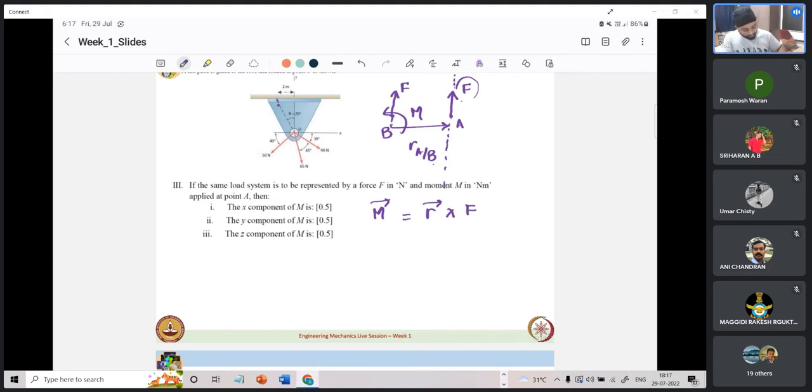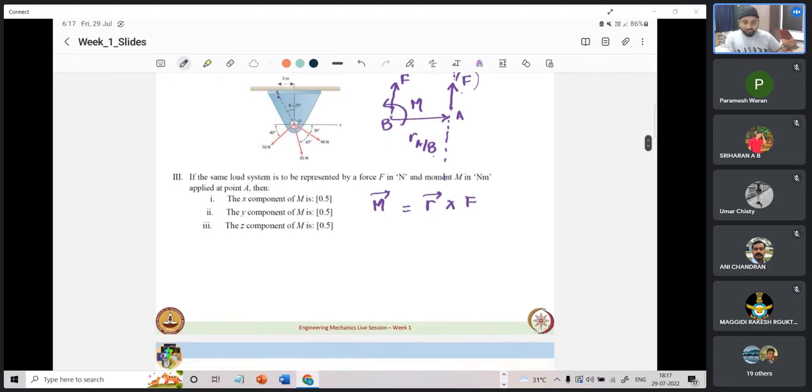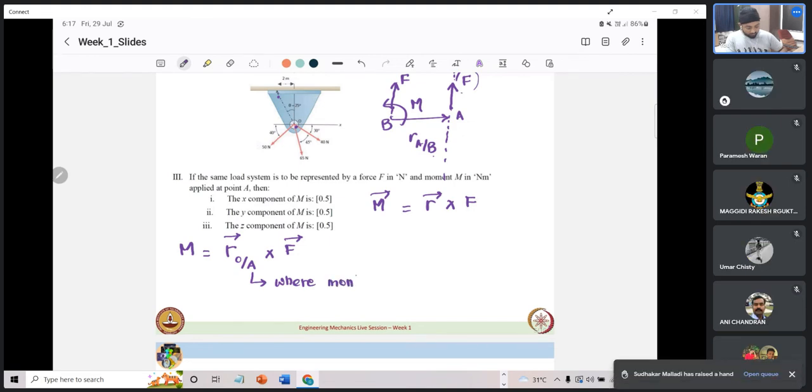Now according to this question, we have to transfer everything to A. So what will that moment be? R of O with respect to A cross F. F is the force, the resultant force which we calculated, that was applied at O. And this will be the position vector. Mind you, this bottom index is the place where the moment is to be calculated.